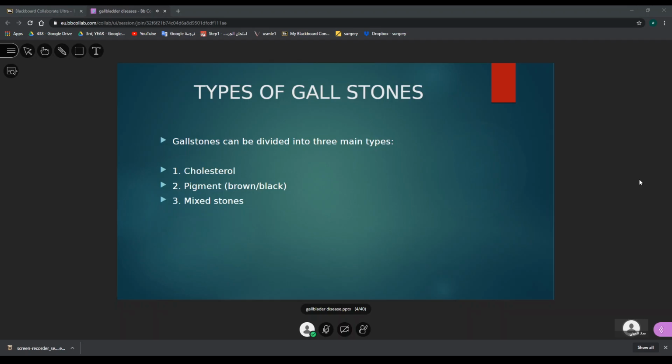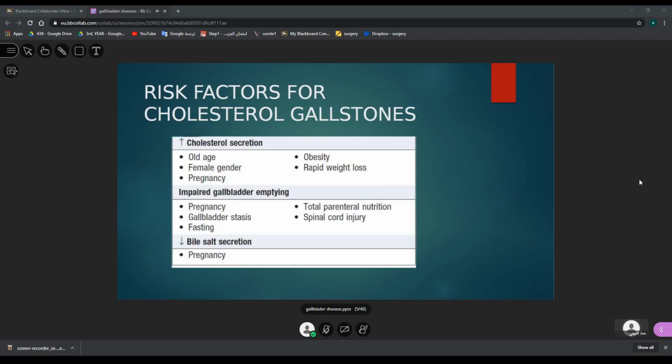The risk factors for cholesterol gallstone are three main, I can say three main risk factors, and each risk factor can have subsequent risk factors. So there is high cholesterol secretion in old age, female gender, pregnancy, obesity, and rapid weight loss. So in those conditions, the common factor is high cholesterol secretion.